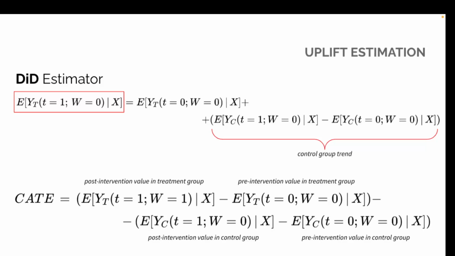It's the value of y in the treatment group before the intervention. Because small t is 0, this is the pre-intervention period, therefore w is 0, no treatment was applied, and capital T means the treatment group. So the first term is the value of my variable in the treatment group before the intervention.